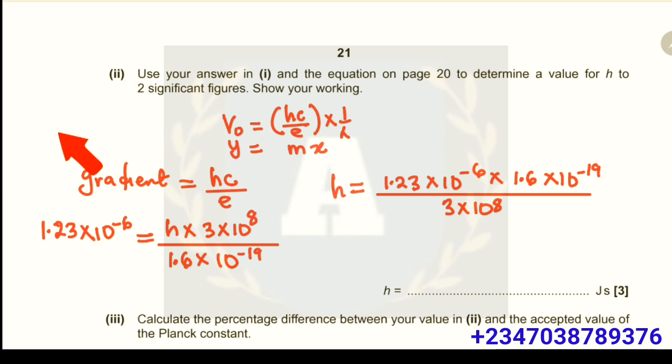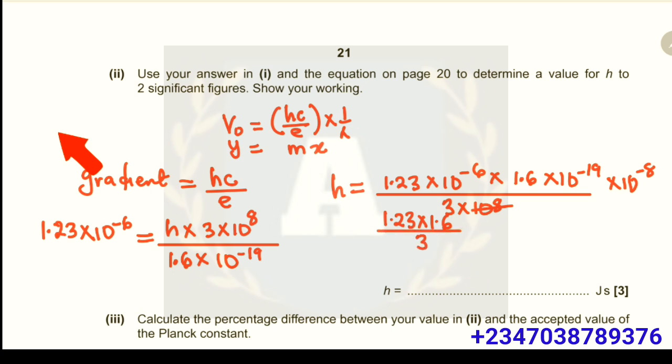So we have 1.23 multiplied by 1.6 divided by 3.